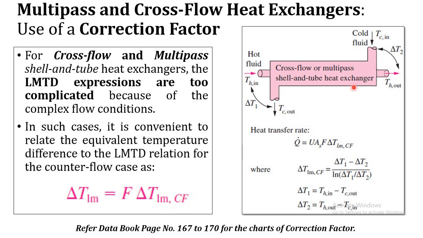We know the counterflow heat exchanger LMTD is delta T1 minus delta T2 divided by ln of delta T1 by delta T2, that is theta 1 minus theta 2 divided by ln of theta 1 by theta 2.